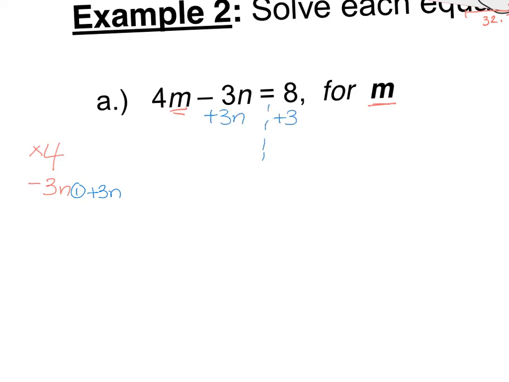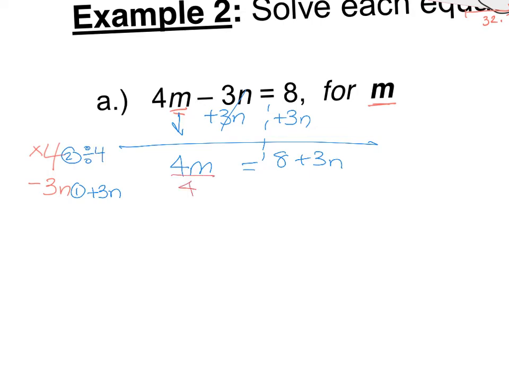Remember, you cannot combine 8 and 3n. You get 4m equals 8 plus 3n, because they're not like terms. And the second thing you're going to do is divide by 4. And when you divide by 4, you do it to both sides of the equal sign. And your final answer is that m is equal to 8 plus 3n over 4.